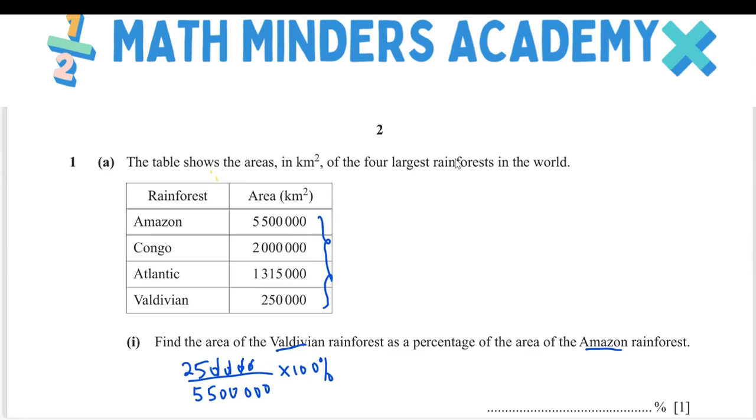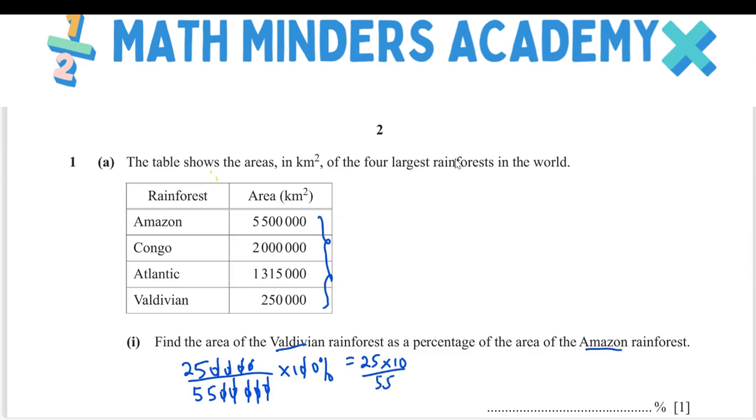What we have here is 25 times 10 all over 55.